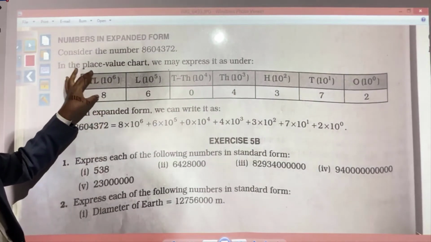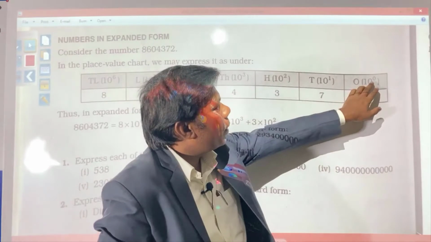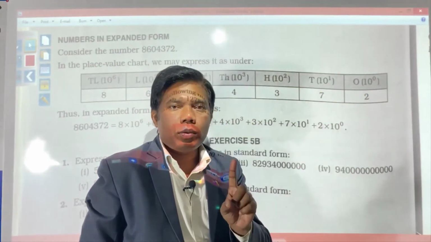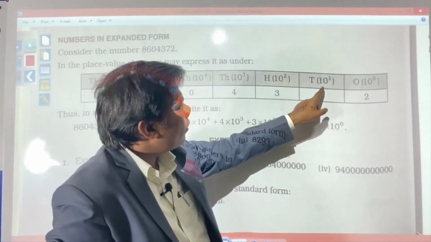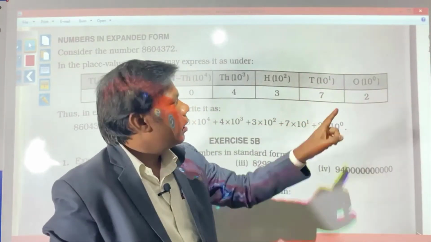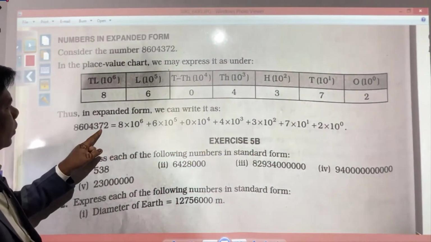This is the place value chart. Here you have 10 to the power 0, which means 1, so 2 into 1 is equal to 2. Here you have 10 to the power 1, means 10, so 7 into 10 is equal to 70, the place value of 7.